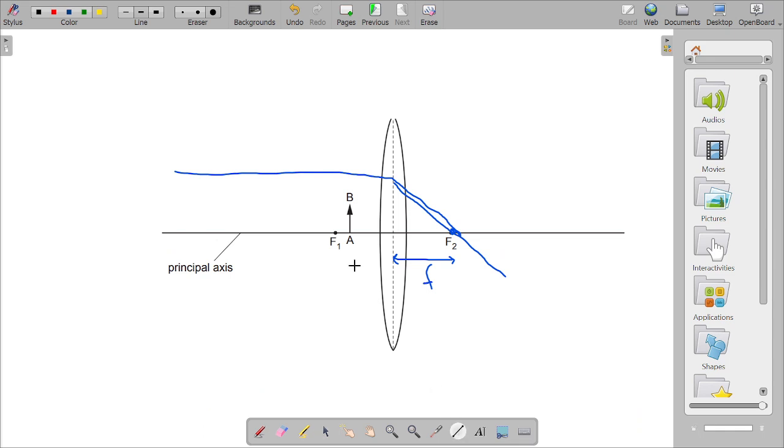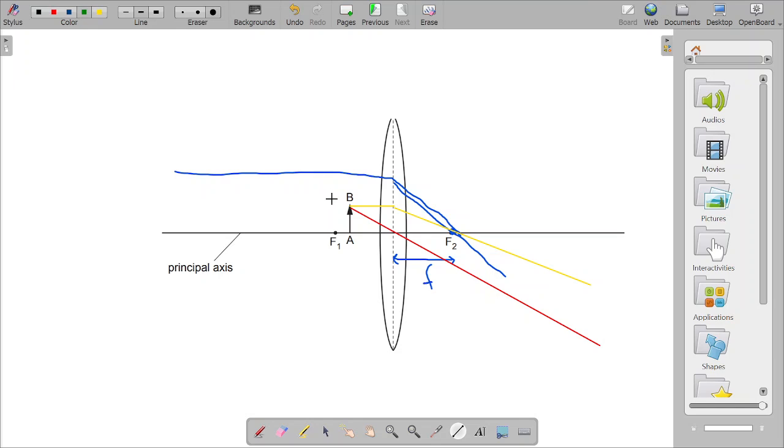Now we have to find out the position of the magnified image. This is your object. Remember one thing, two lines are coming from this object. The first line, that is parallel to the principal axis, will collide with the converging lens, and it will pass through the principal focus. And the second ray will be emitted from the top of the object, and it will pass through the center of the lens.